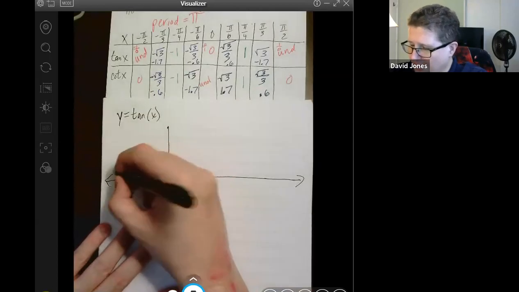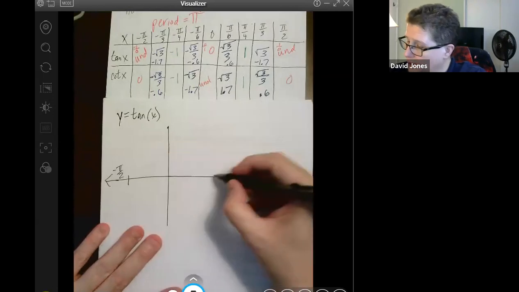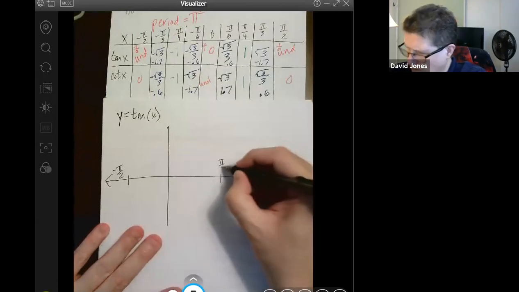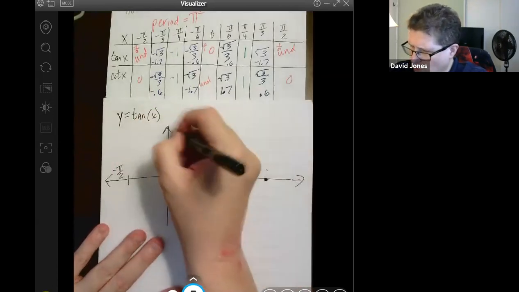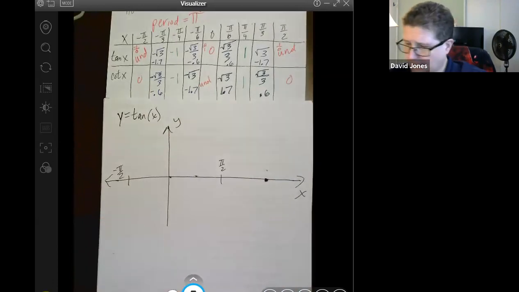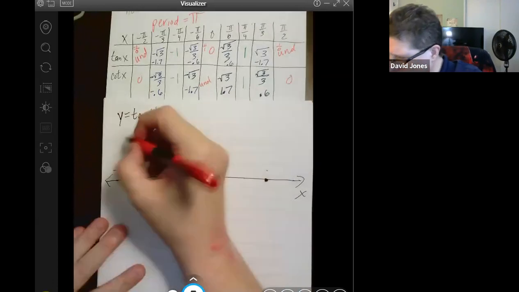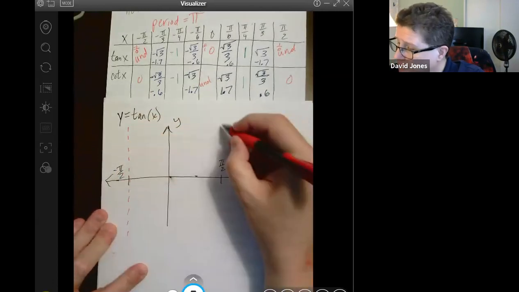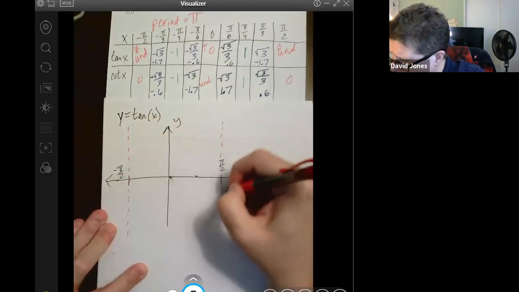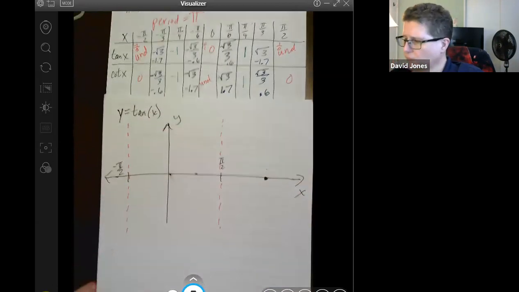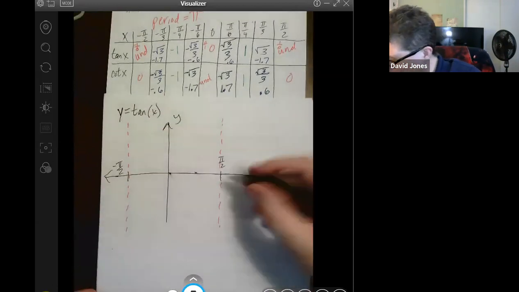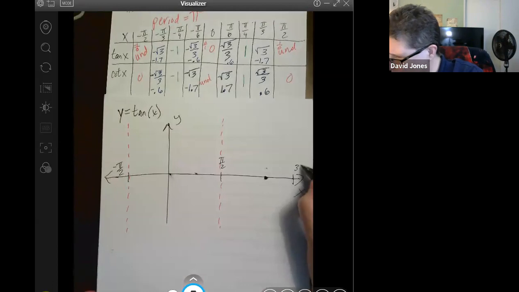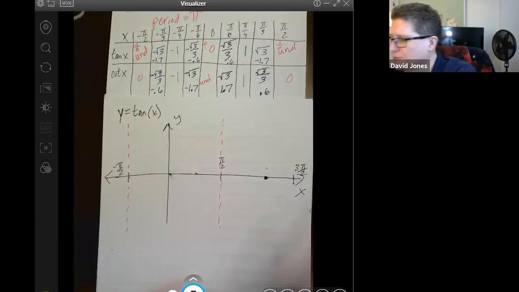When it's undefined, it's an asymptote. That's y, this is x. So we've got magical barriers right there that we cannot cross. And we go another multiple, and we have 3 pi over 2. We'll have another asymptote.